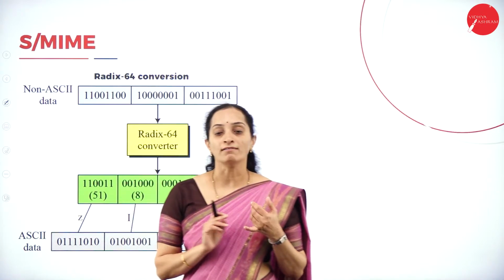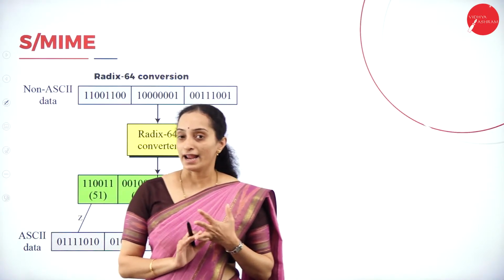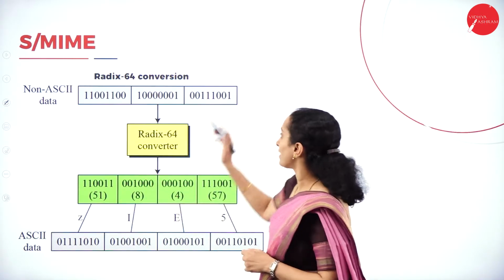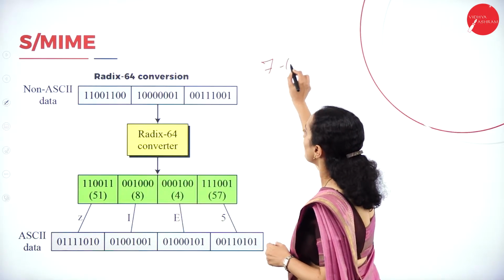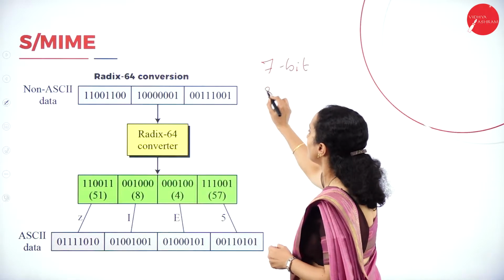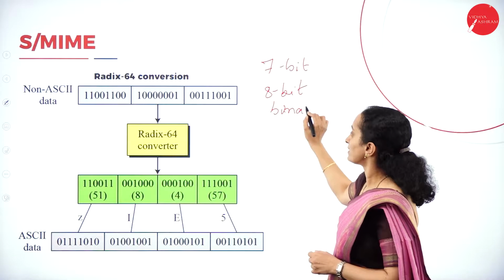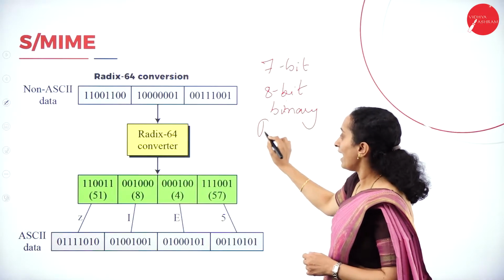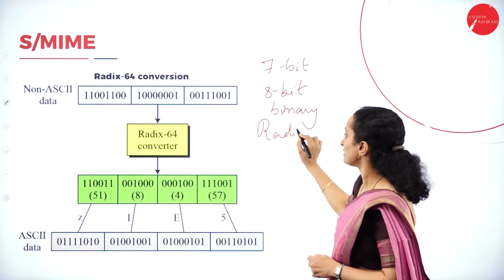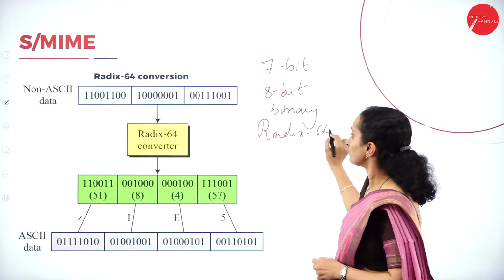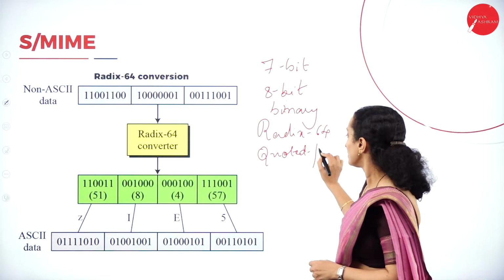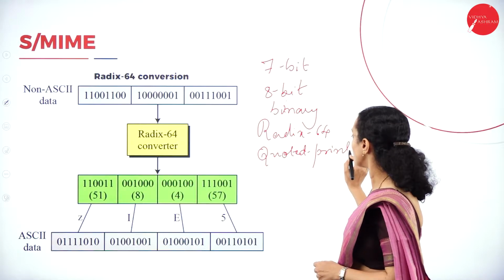Apart from that, we have 7-bit conversion, 8-bit conversion, binary conversion, the Radix 64-bit conversion, then we have quoted printable form of conversion.